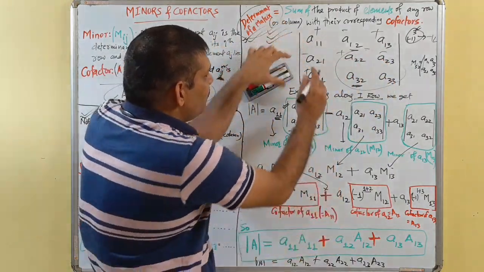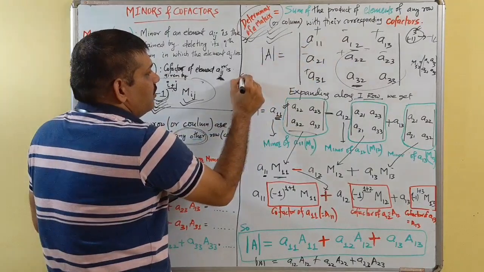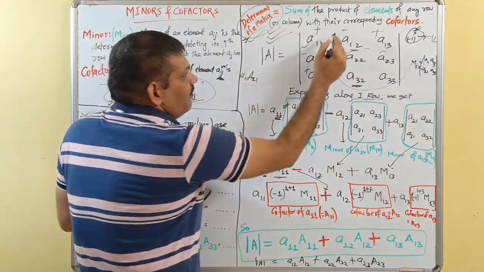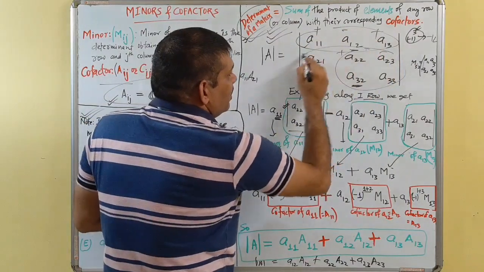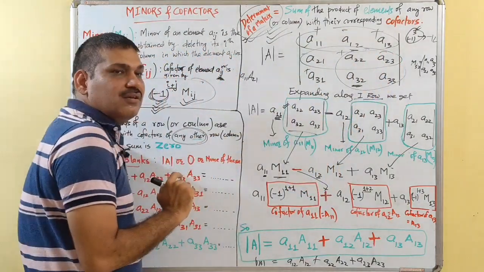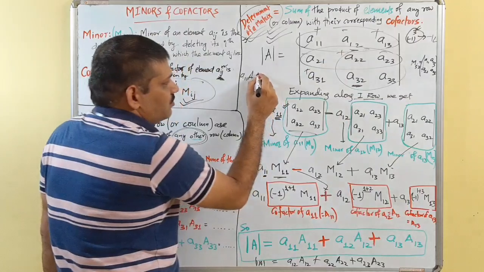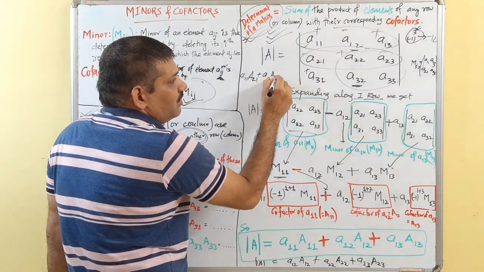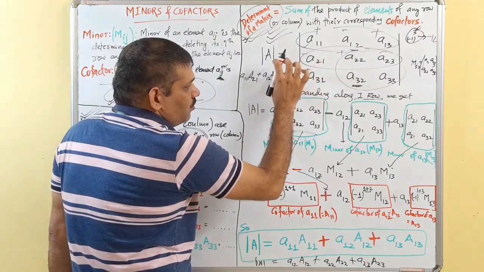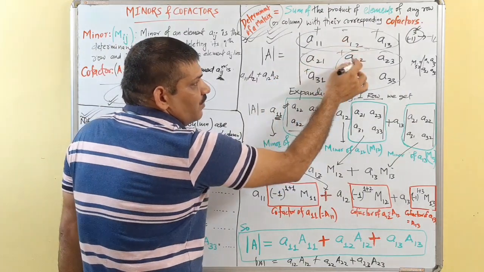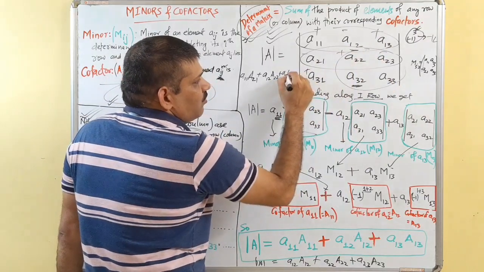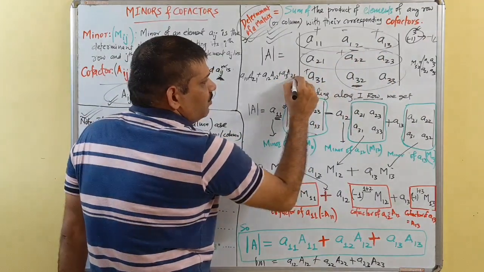That is, if I multiply A11 with capital A21, the elements of this row are multiplied by the cofactors of the corresponding elements of this row. So this is A12 multiplied by capital A22, elements from this, cofactor of this, plus A13 multiplied by the cofactor of this, that is capital A23.